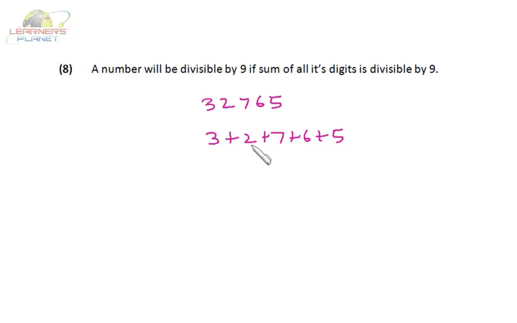So it's 3 plus 2 is 5, 5 plus 7 is 12, 12 plus 6 is 18, 18 plus 5 is 23. Now 23 is not divisible by 9. So 32765, this number will not be divisible by 9. So it's not divisible. Okay, let's take one more example.